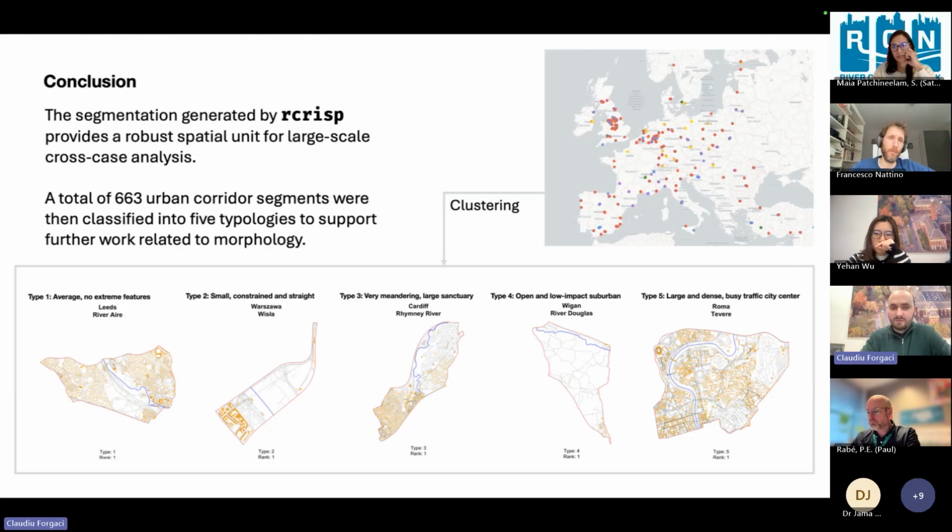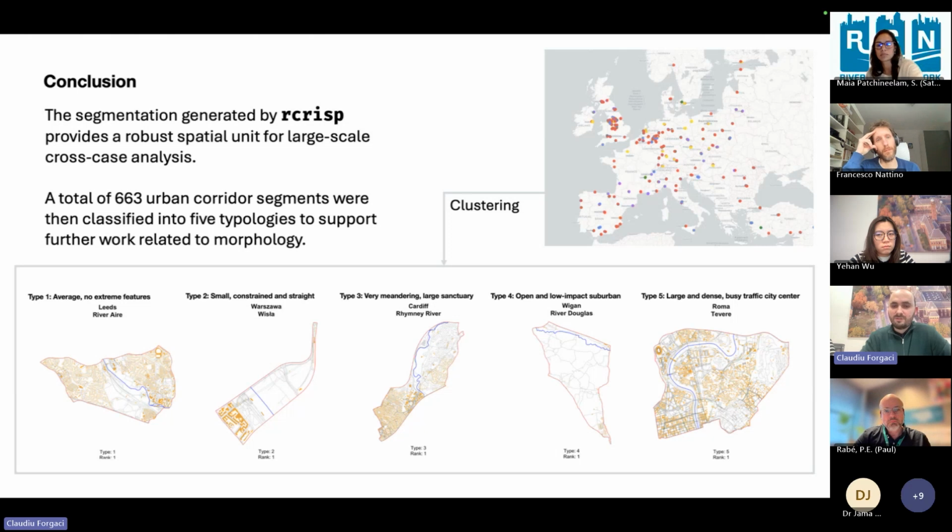Yehan mentioned environmental applications, but also other kinds of applications. It's limited to Europe simply because we wanted to work with a smaller data set, but considering the input data, OpenStreetMap and global digital elevation models, this can be done globally as well. So it's not limited to Europe.